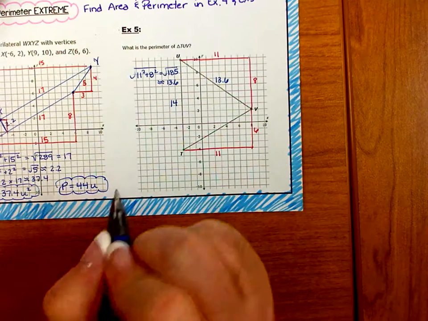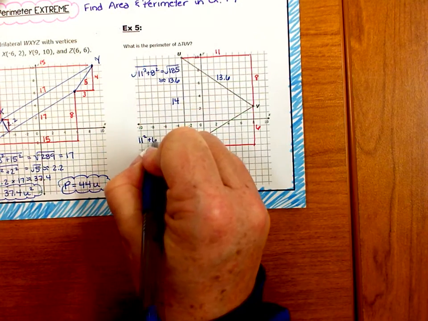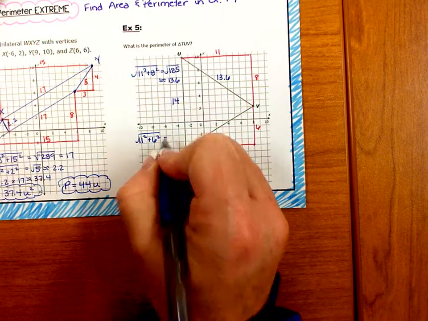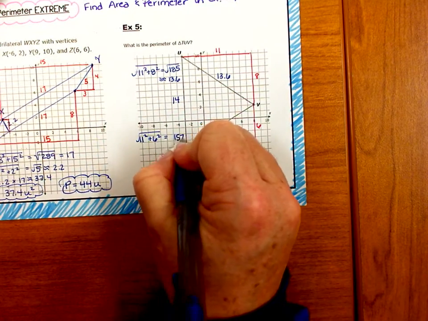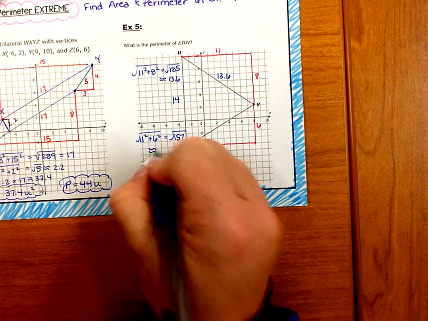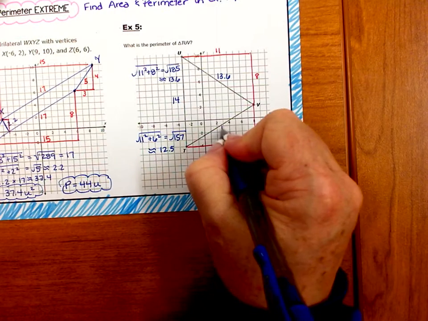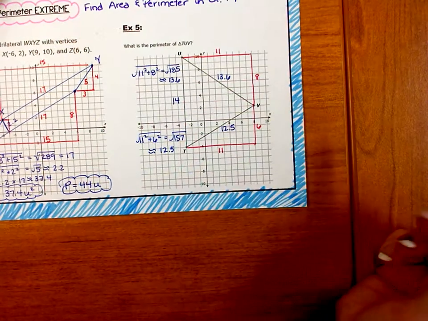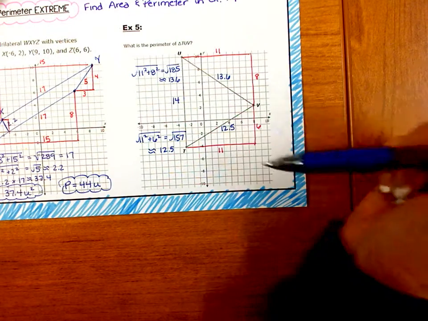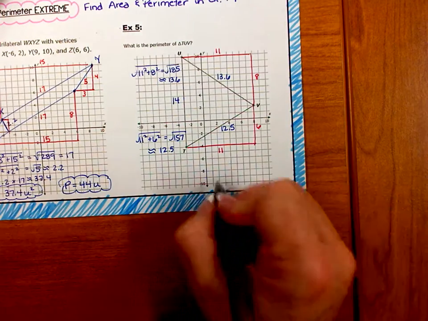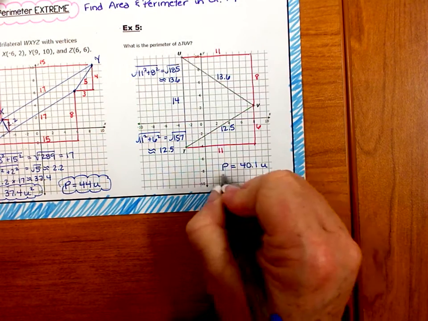And so now we're looking for 11 squared plus 6 squared, 121 plus 36, which is going to be about 157, which is in the neighborhood of 12.5. Okay, so we know this one is 12.5. So now we can add all of those together, 14 plus 13.6 plus 12.5, and we're going to end up with a perimeter of about 40.1 units.